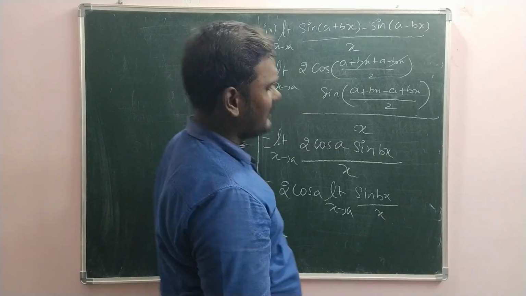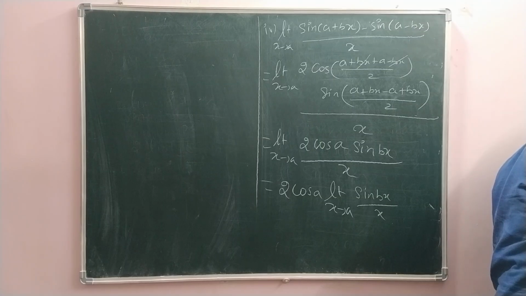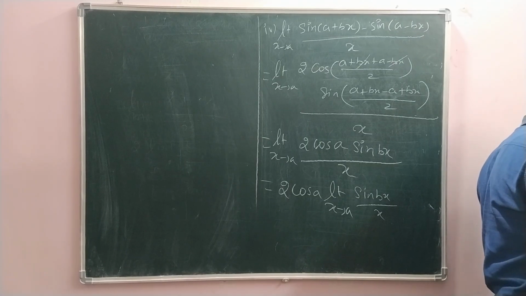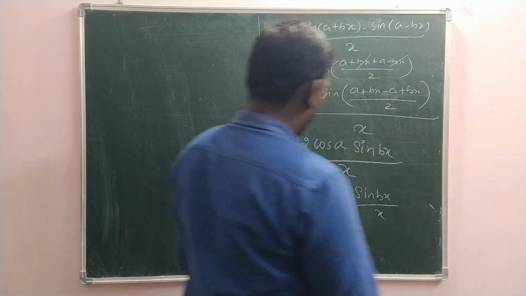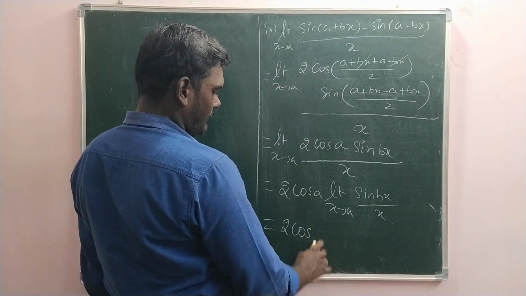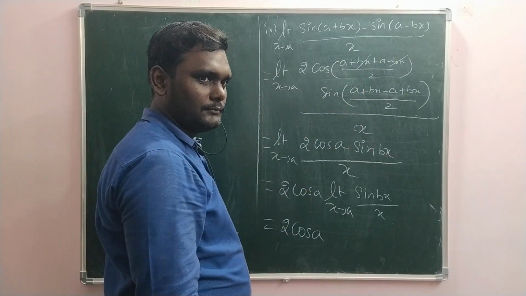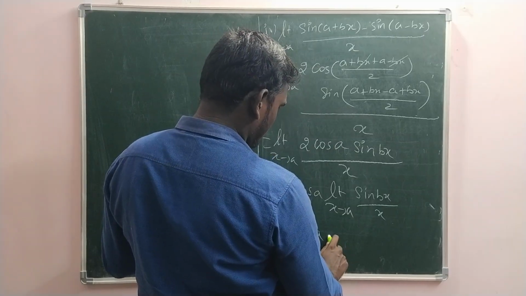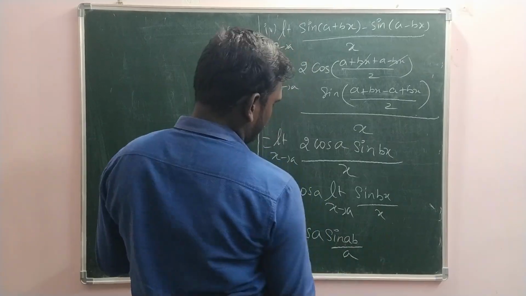Did I get the question correctly? Is that x tends to a? Correct only. Then why don't we substitute directly there itself? We might have to work this out with a. Sin ab by a.